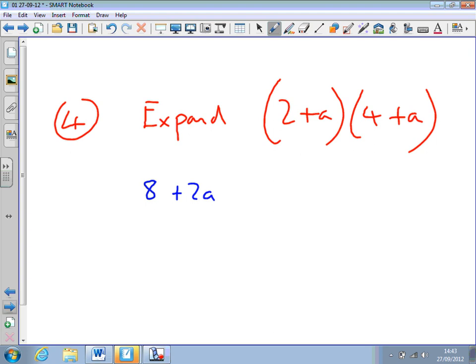And 4A. Yeah. Good. That's exactly what I mean by expand out those brackets. What might you do next though, Daniel? Yeah, plus a squared. So I can collect together the a's to get that.